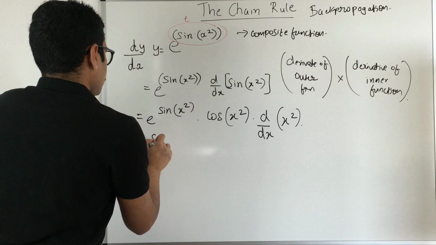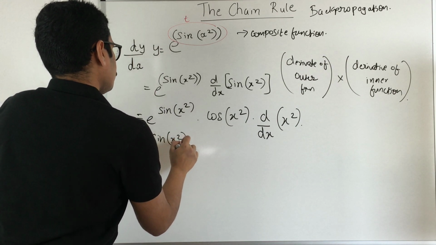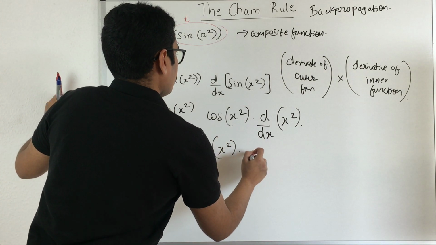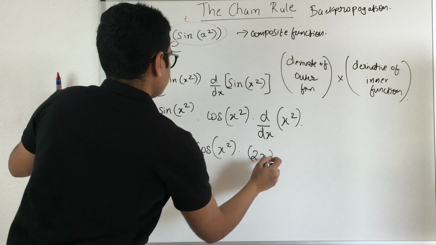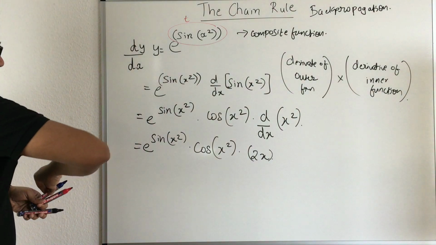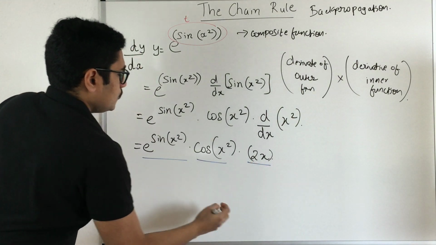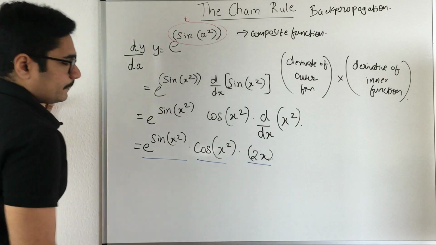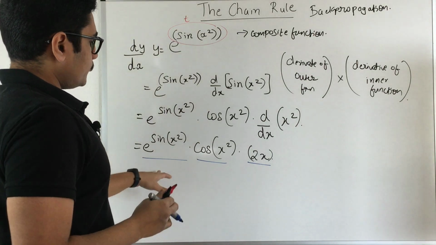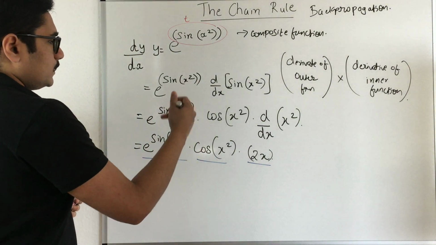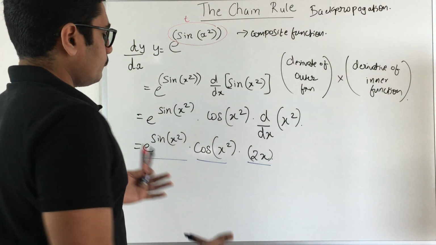So finally your derivative would be, for this you have 2x. Now if you just observe, you have each and everything as individual units which are just multiplying. So these are essentially your chain of different equations that you are multiplying. Essentially these are used for composite functions.